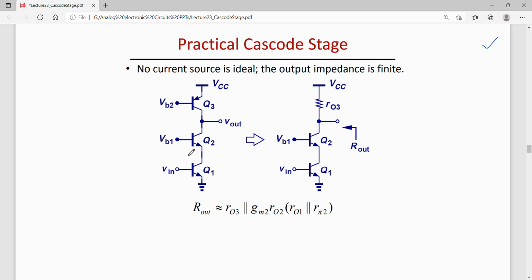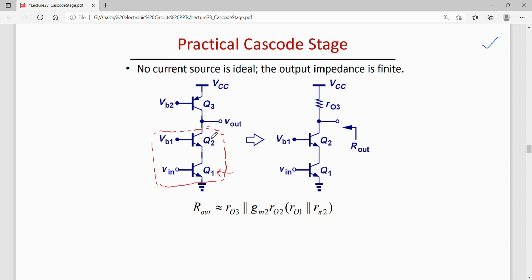Now in a cascode, so this was my cascode here, in which I was using Q1 as a current source. Now this current source, we had assumed that it can be ideal, but no current source is ideal, so the output impedance is finite, not infinite.